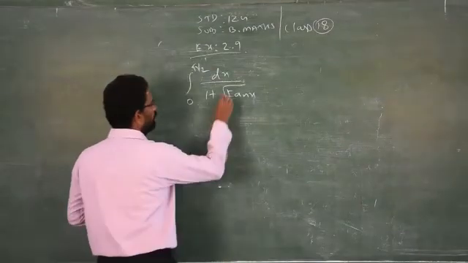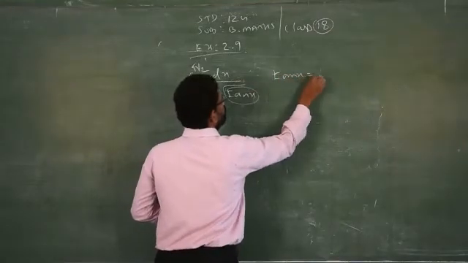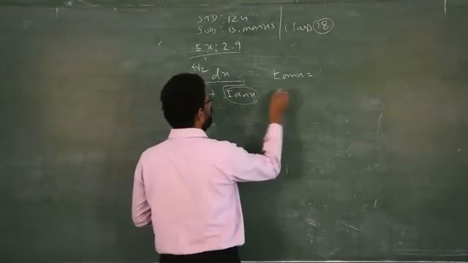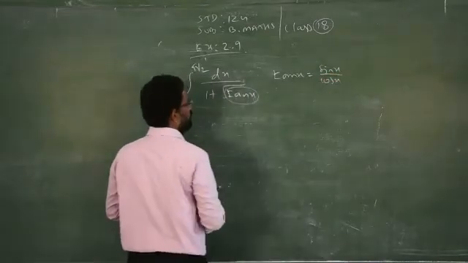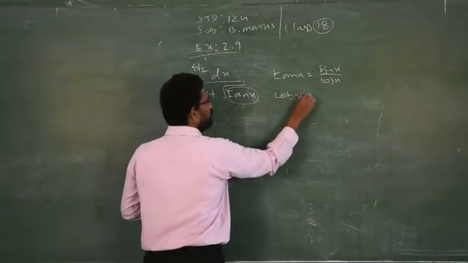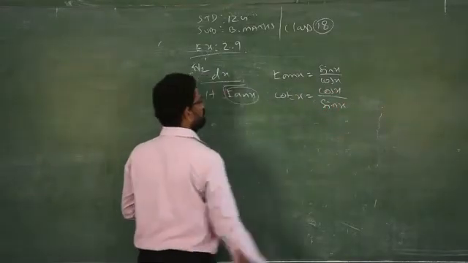Therefore, I can rewrite this tan x by using the concept. I have a formula to find tan x, that is sin x by cos x. I have a formula for cot x also, cos x by sin x.